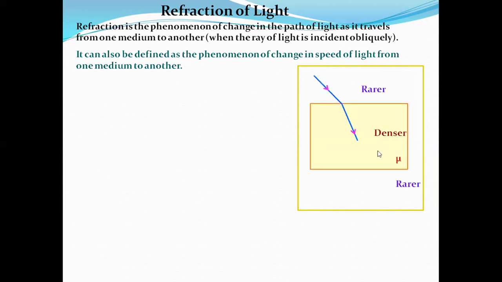So when the incident ray falls upon a surface obliquely, then refraction occurs at that surface. Here I show you these two media, a rare medium and a denser medium. When a light ray comes from the rare medium, it bends toward the normal in the denser medium. Then again, when this light passes into the rare medium, it changes the direction of its path. Here this is the incident angle and this is the refraction angle.